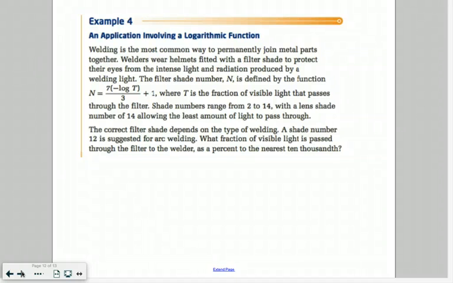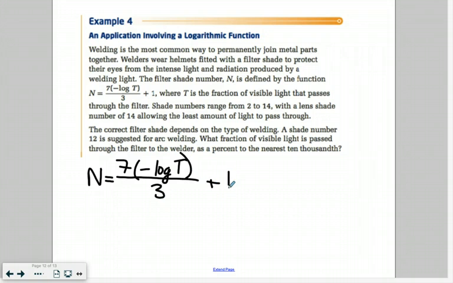What fraction of visible light is passed through the filter to the welder, as a percent to the nearest 10,000th? A lot of background information there, but ultimately we need to take a look at the equation they've given us. They've given us the shade number as a function of t, the fraction of visible light passing through.